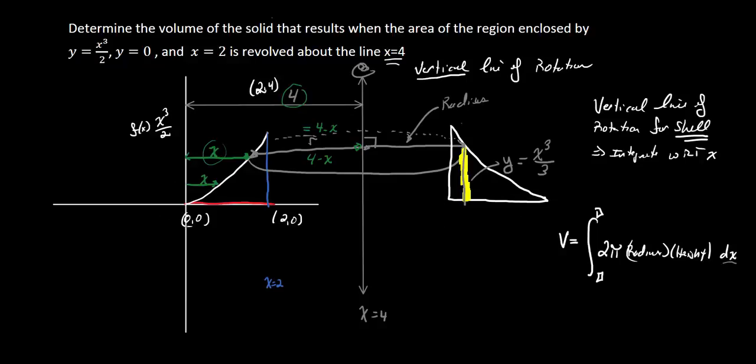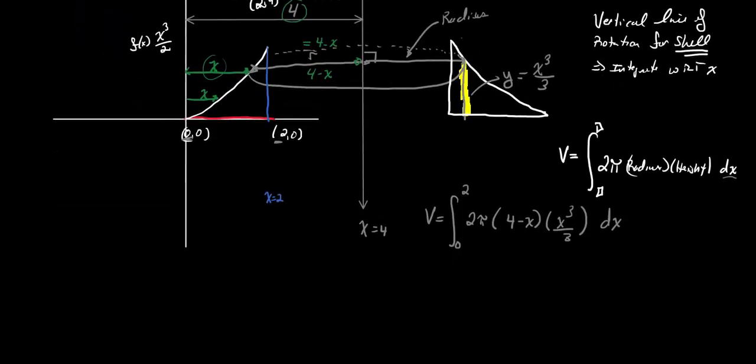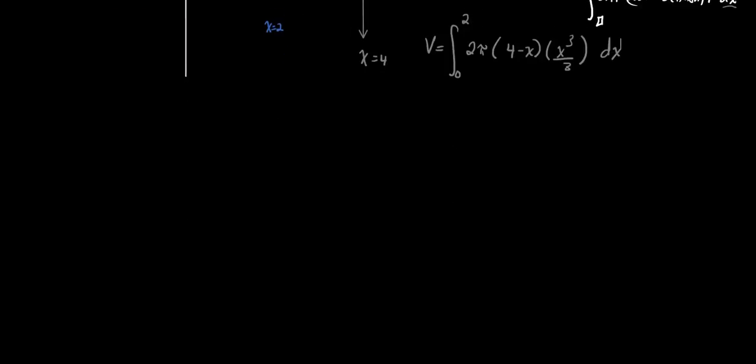I'm going to be integrating from 0 to 2, of 2 pi. My radius is going to be a value of 4 minus x, and my height is a value of y, which is going to be x cubed all over 3, and I'm integrating with respect to x.